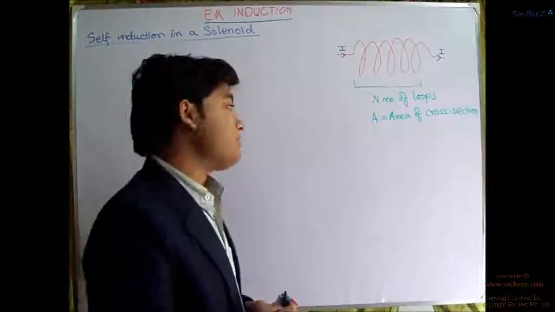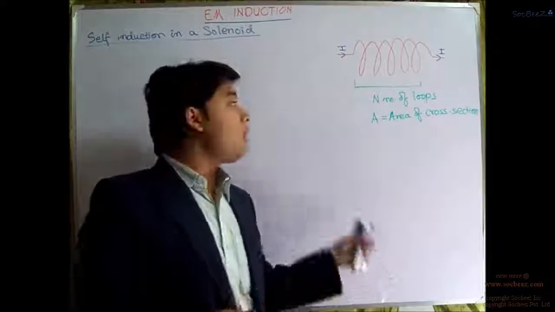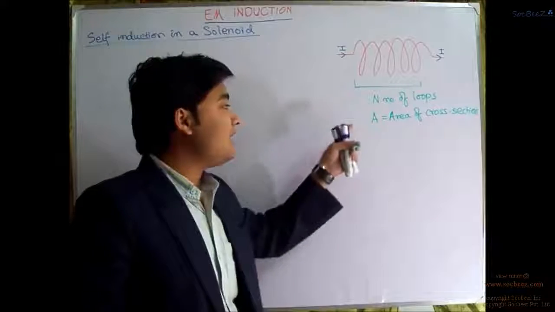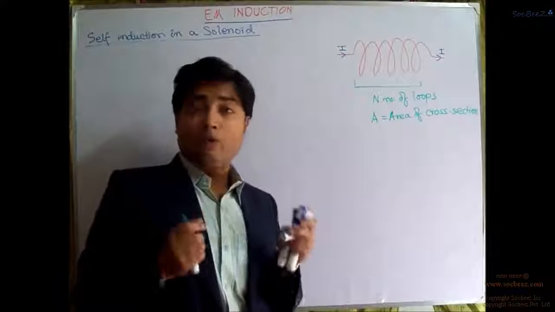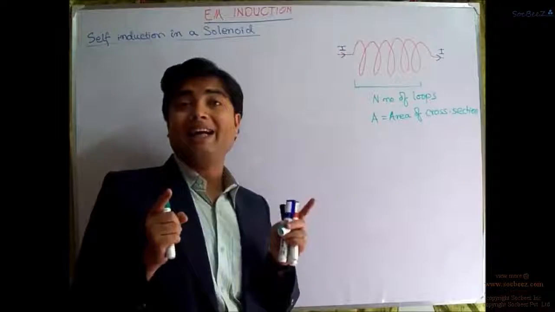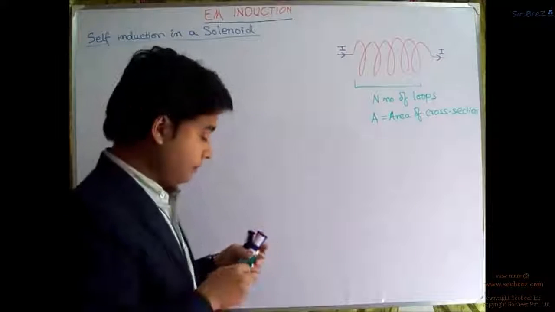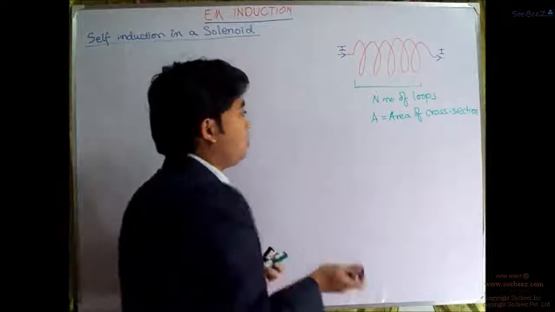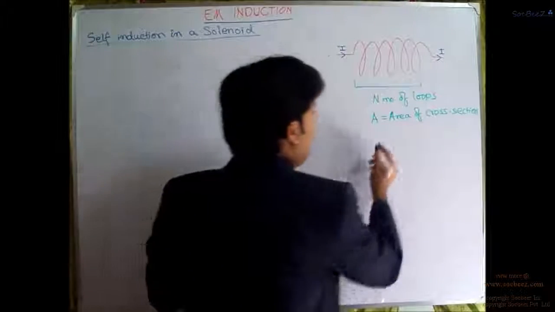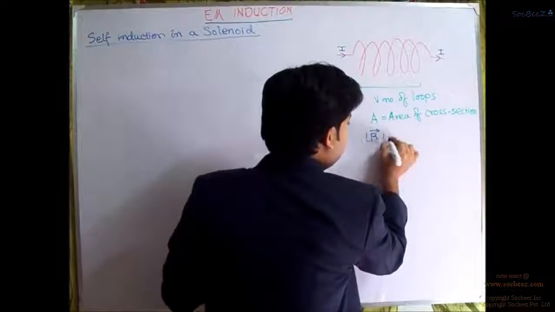As we have seen in the previous lecture, R was the radius of a plane coil, so the area would have been pi r squared. This is the area over which the magnetic flux, like the B, will be occurring.